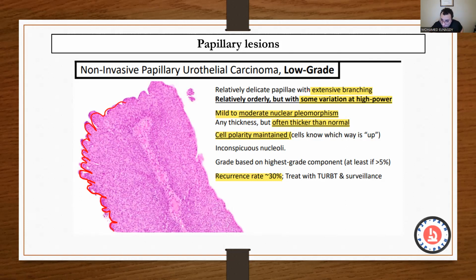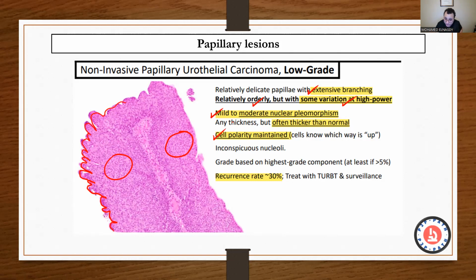Let's preview. See, extensive branching. This is what I mean by the fingers on top of fingers. Orderly. There is some variation at the high power. It doesn't feel like here is like there. There is some difference at low power. There is some mild to moderate nuclear pleomorphism.